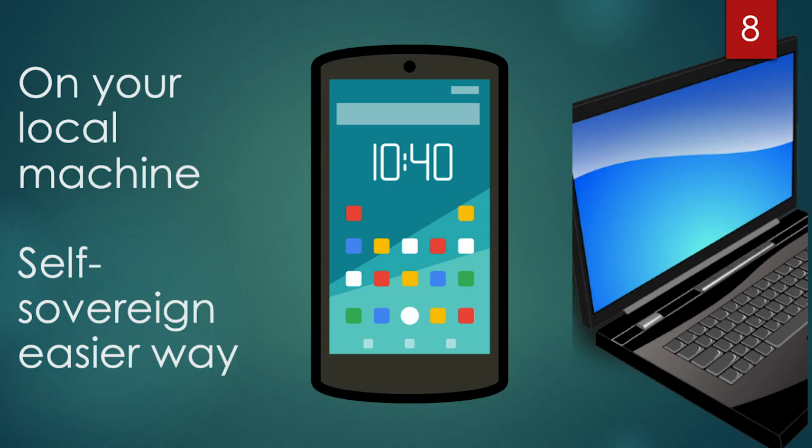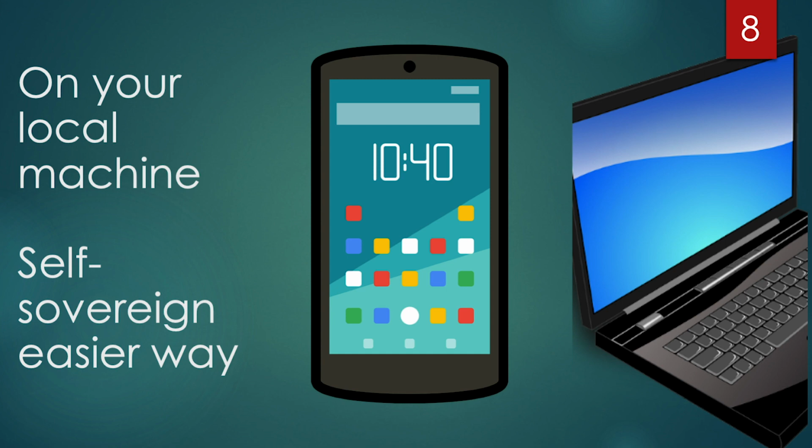There's another easier way. Everybody has a mobile phone, right? And if you can run your own identity provider on your phone, it's going to be much easier. So I put self-sovereign easier way. But in this case, you need to have some specialized changes to the protocol, because the relying party can't reach proactively to the identity provider.